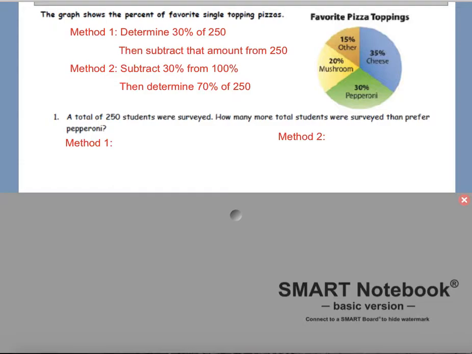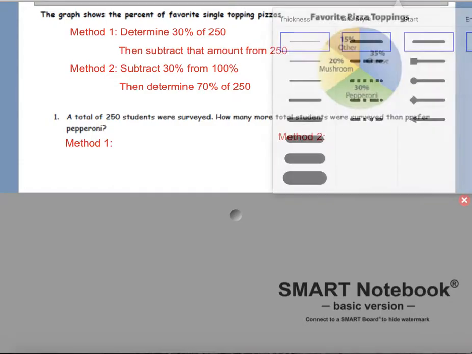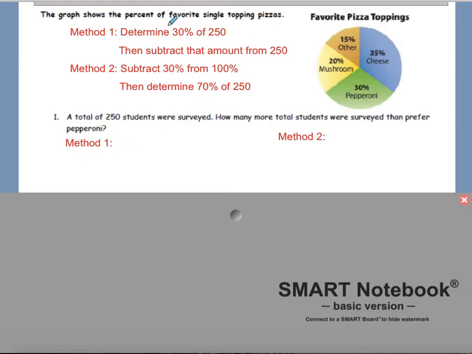All right. So method one. If we are determining 30% of 250, 30% is our percent. So we're trying to find our part.